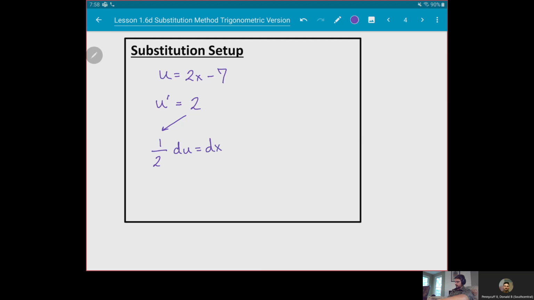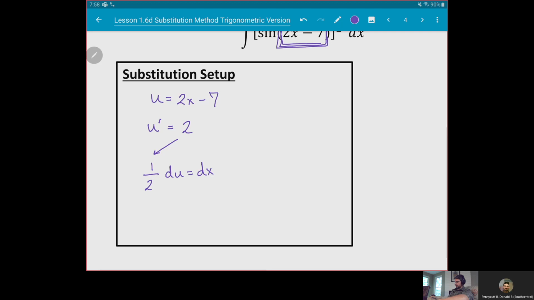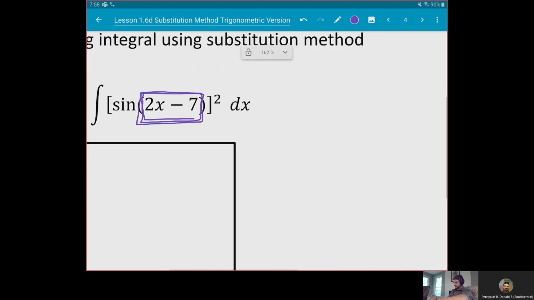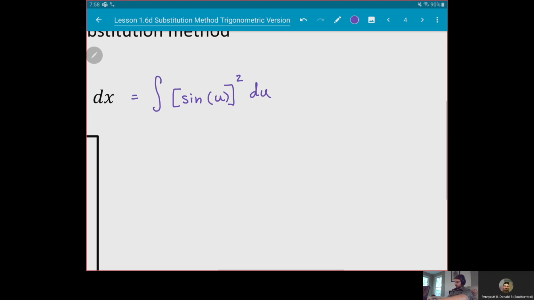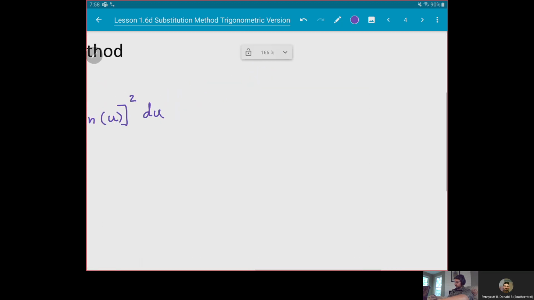Okay. So now that I've got this, I can go up to here, plug that in. So that's going to be the integral of sine u squared du.